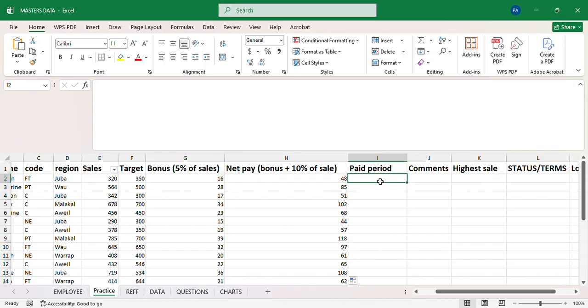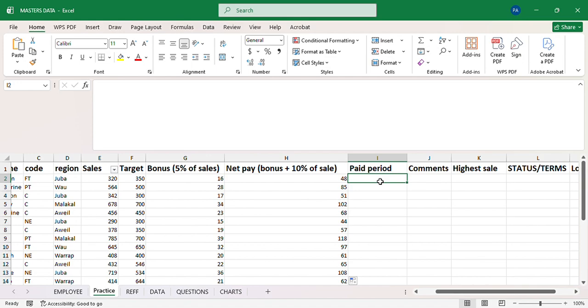So we are going to use a VLOOKUP function so that we will be able to understand when this person is supposed to be paid. Is it on a daily basis? Is it part-time? Is it full-time? Based on these categories of condition, we can actually generate and understand the payment schedule for each and every employee.